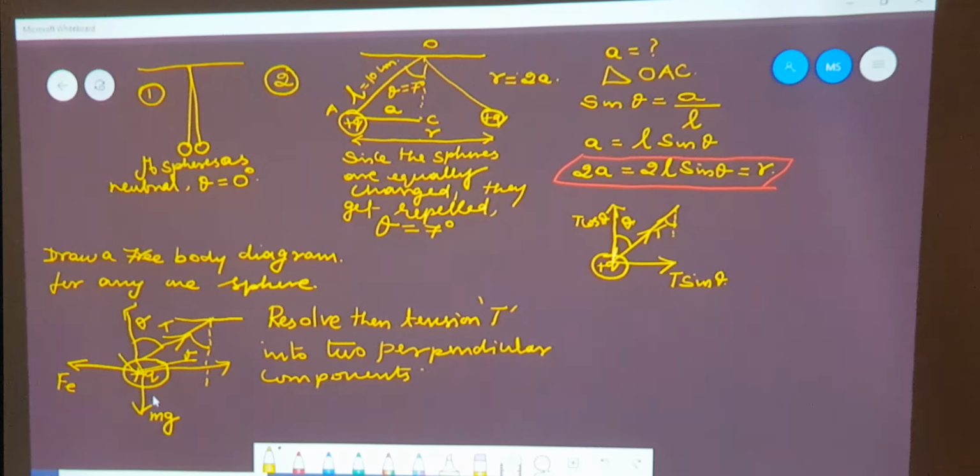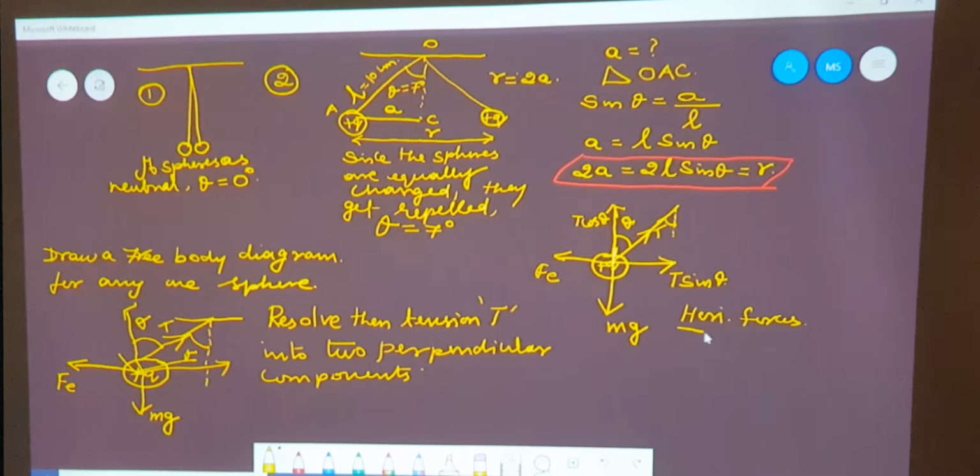But from this figure, I can write, along this direction, I have the electrostatic force Fe, and vertically downwards, I have the force mg. Now, let us consider the horizontal forces as well as the vertical forces. First of all, I am considering the horizontal forces.